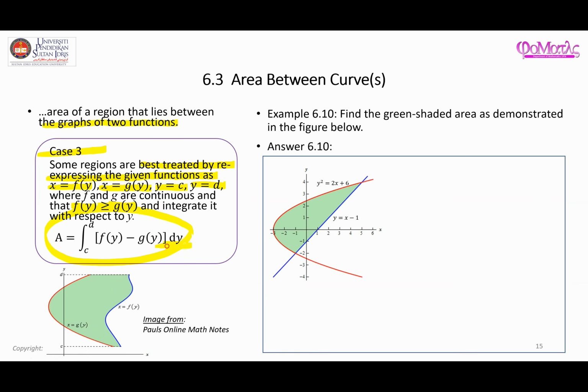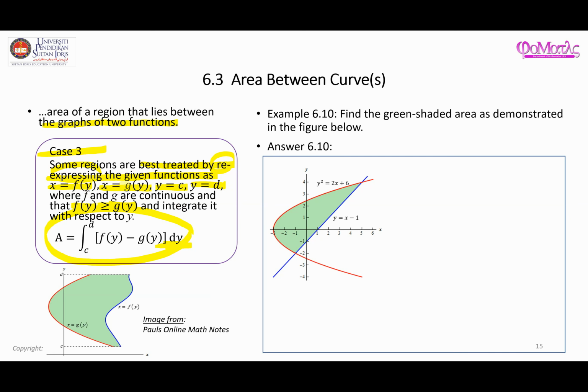If you want to integrate with respect to y, then you have to re-express, you have to rewrite the functions given so that x becomes the subject, so that the function depends on y, and the same thing for this one.